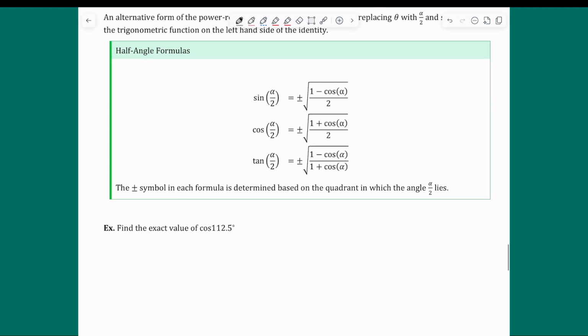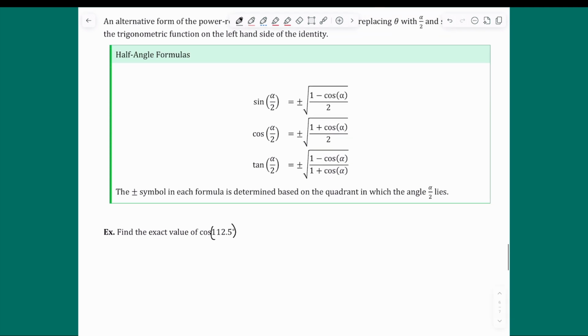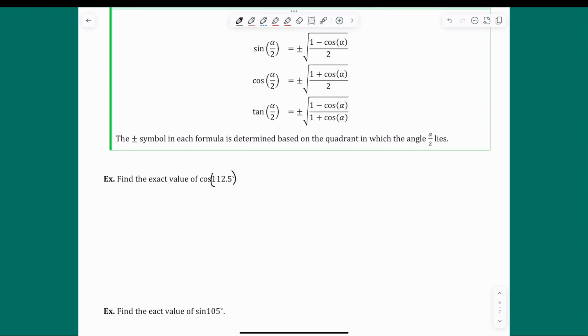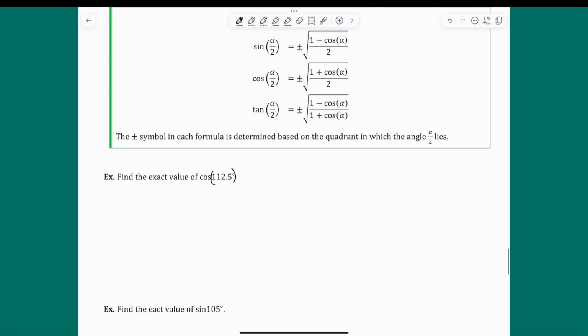Okay, so we have to find the exact value of cosine of 112.5 degrees. Just to note, if we're going to use this half angle formula, we know that alpha over 2 is equal to 112.5 degrees, so alpha is equal to twice 112.5 degrees, which would give us alpha equal to 225 degrees.